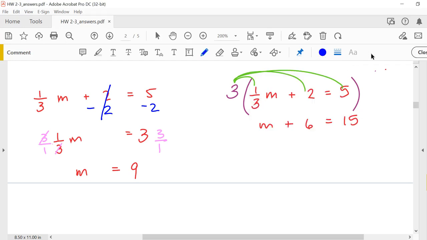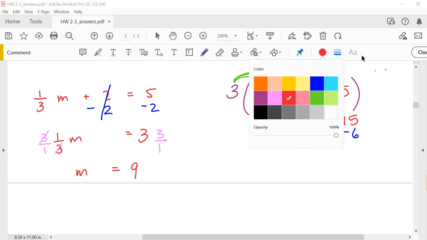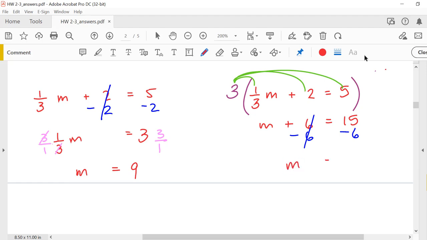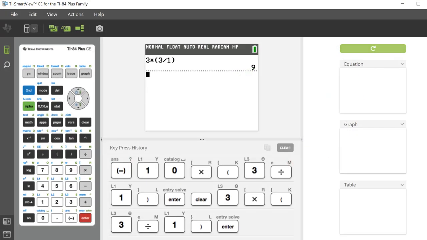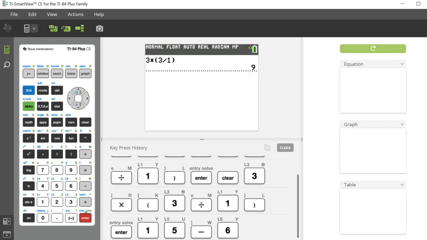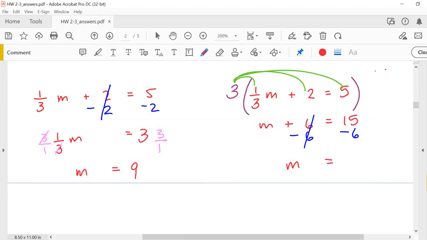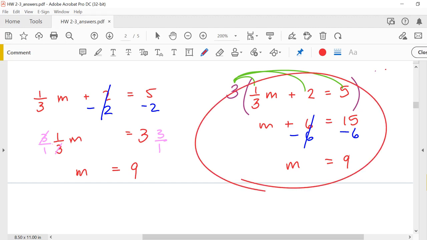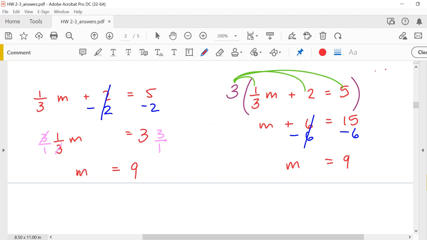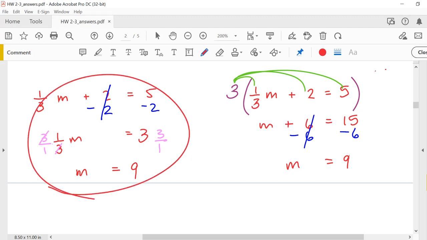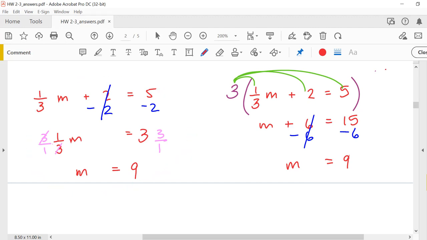Now to get the m by itself, I need to subtract 6 from both sides. And I have m equals 15 minus 6 is 9. So you get the same thing solving it both ways. You can either clear the fraction, or you can deal with the fraction and just let your calculator do the arithmetic.